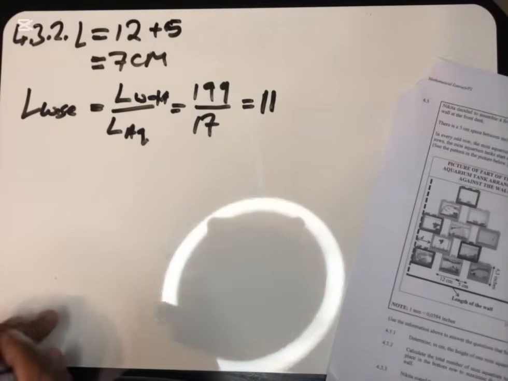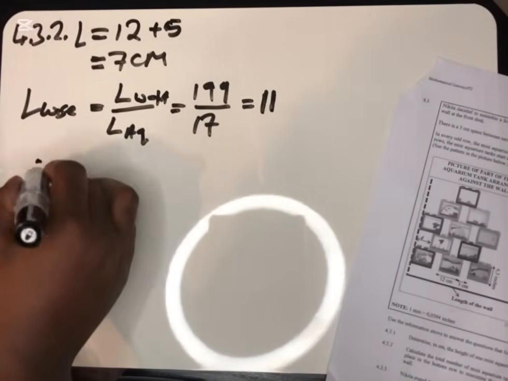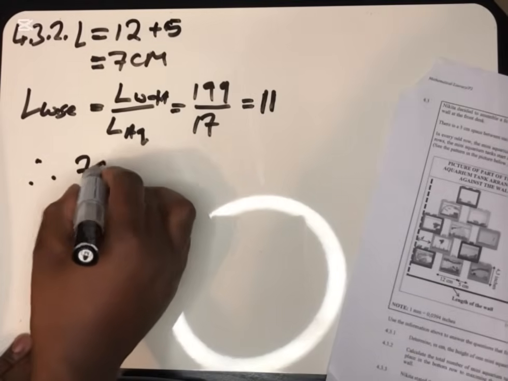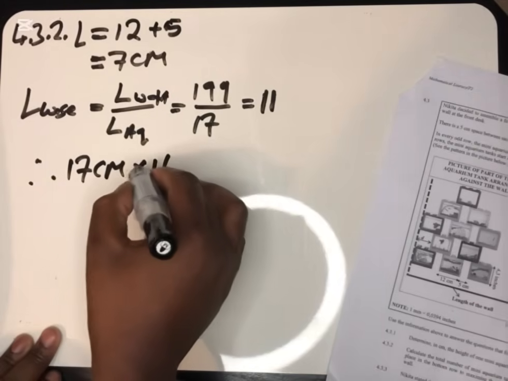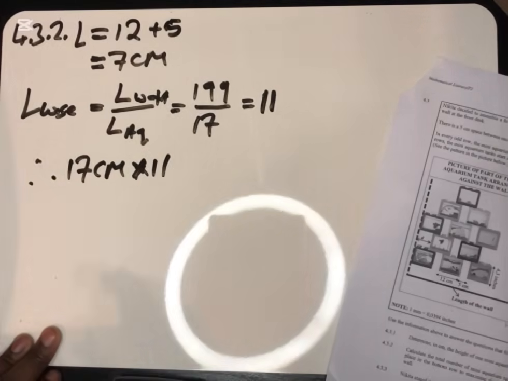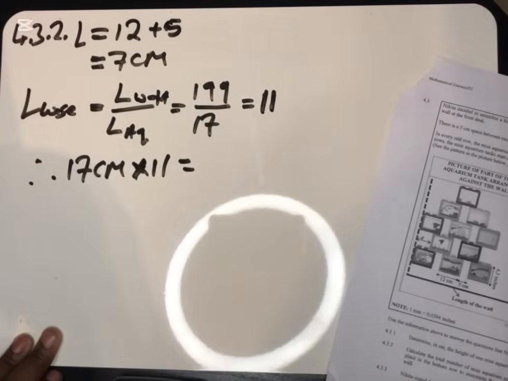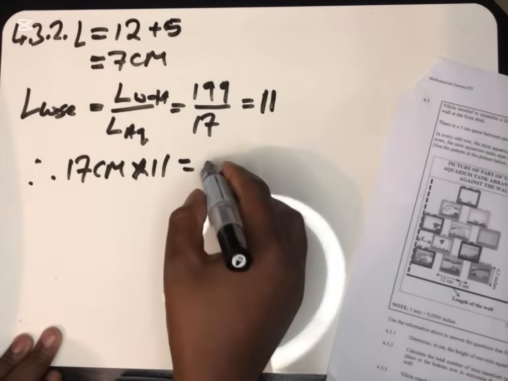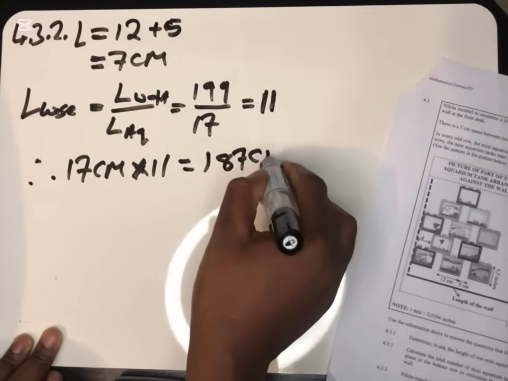Therefore each one takes 17 centimeters, and they are 11, so the space they are going to take is 17 multiplied by 11, which is 187 centimeters.